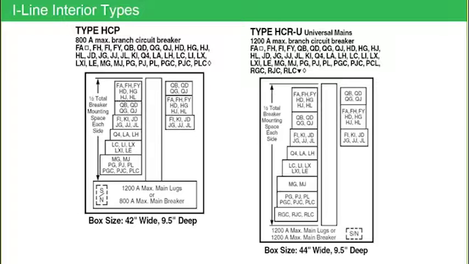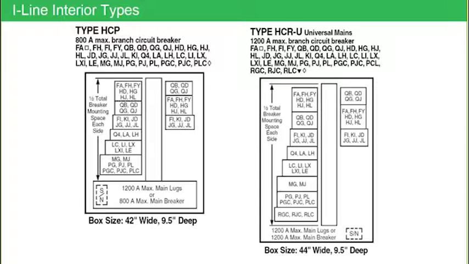But to my point, if this HCR-U was a top feed panel as opposed to a bottom feed panel, that R frame breaker that's shown at the bottom can be mounted anywhere, top to bottom, but it has to be mounted on that wide side of the interior.